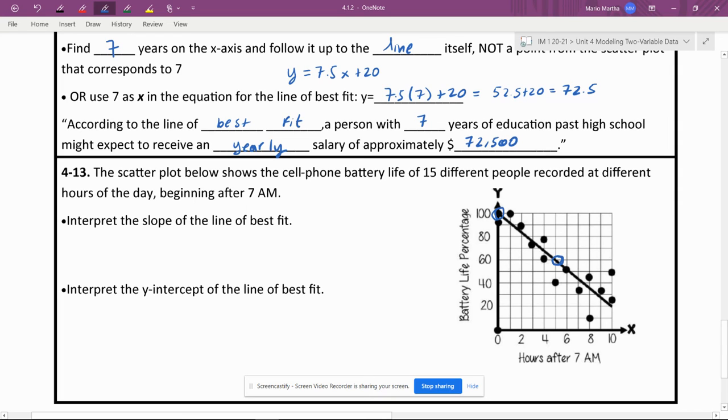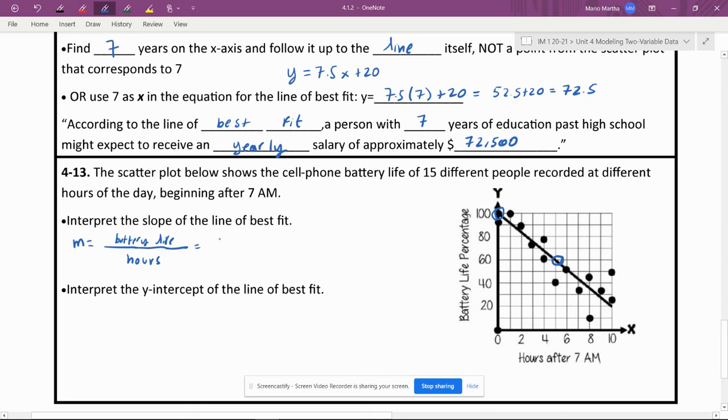So we went down. It says the battery life percentage, and then this is hours. So we have a percentage of battery life divided by hours. So here we know the slope, so let's find it. M equals the battery life divided by the number of hours it lasts. So that's the rate of change.